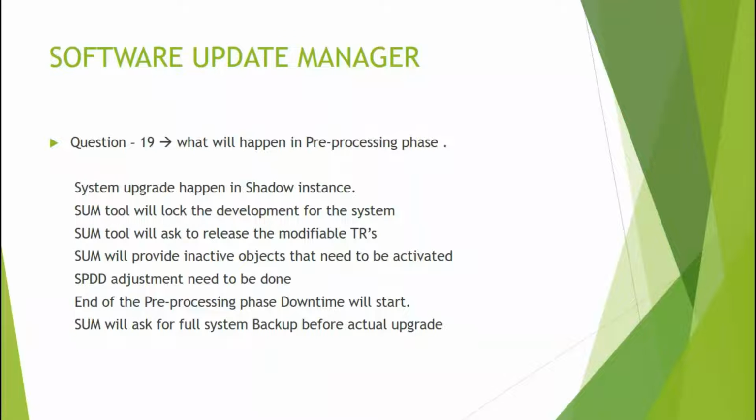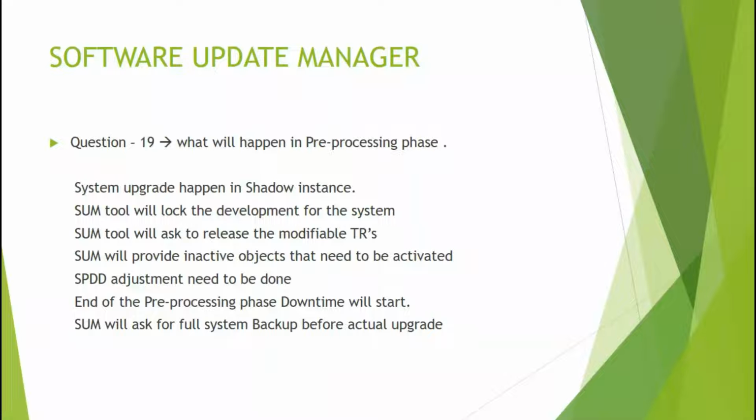But if you are in production, there are fewer TRs. Maybe you will get none, because no one is doing any direct modification in production. Maybe you can get one TR there. But in most cases in development, it will provide lots of TRs that you have to release.